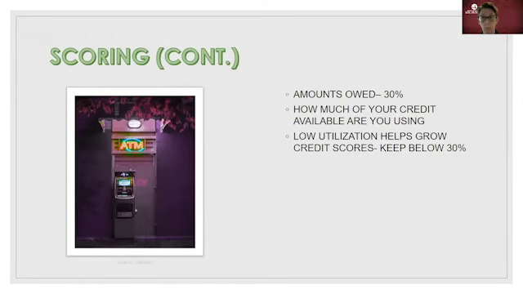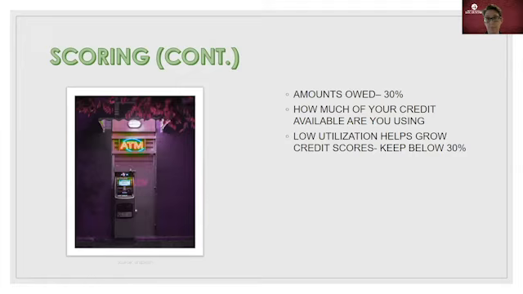And then you also want to, across all of your cards, if you have multiple, keep total things under 30%. So per individual item and across. So total and individual below 30%.